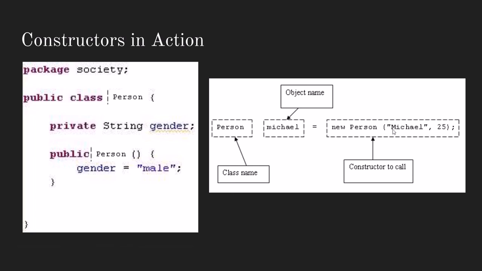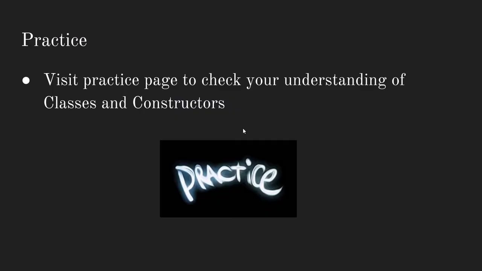And this will call the custom constructor. So these two are linked in that every time you do this statement, it'll call the constructors. And Michael, 25, there will be some other variables that allow you to give these characteristics to that person you created. That'll be it for classes and constructors.